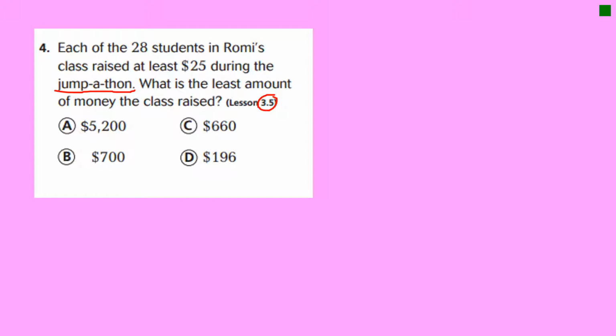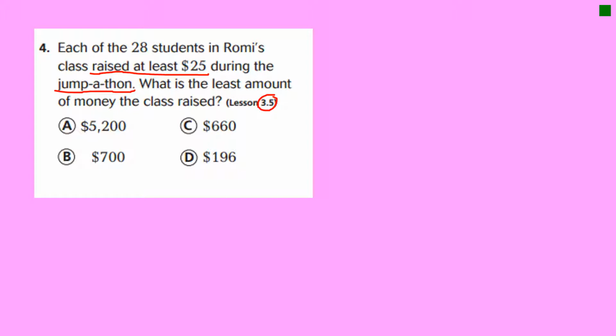So they're saying that each student raised at least $25. So some may have raised more than that, but all of them raised at least $25. So 28 students raised at least $25 each.